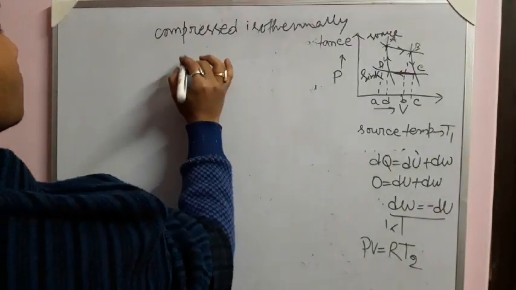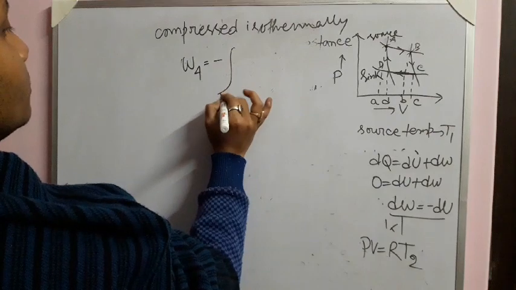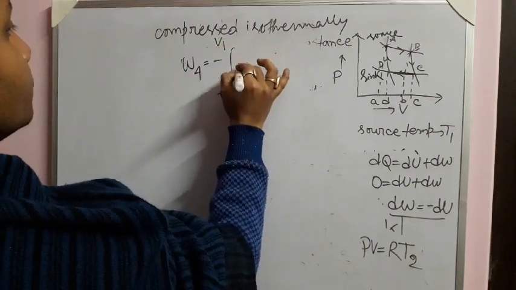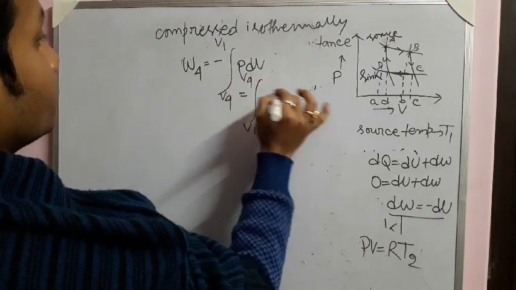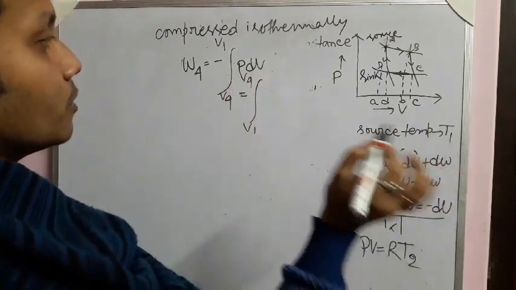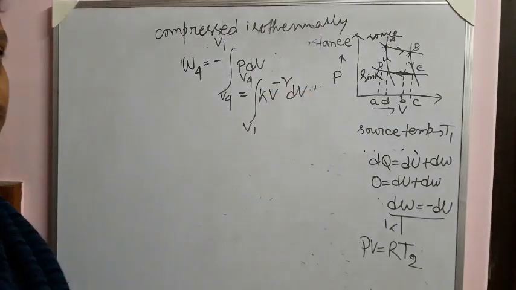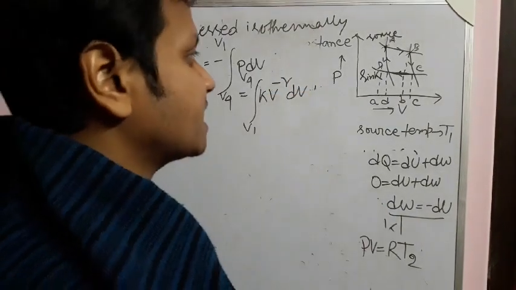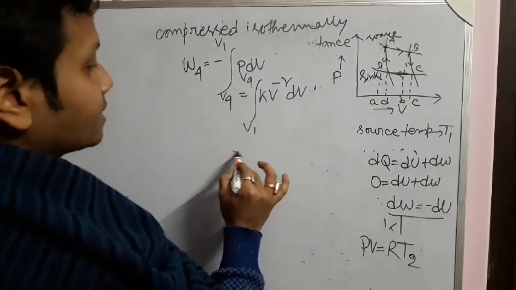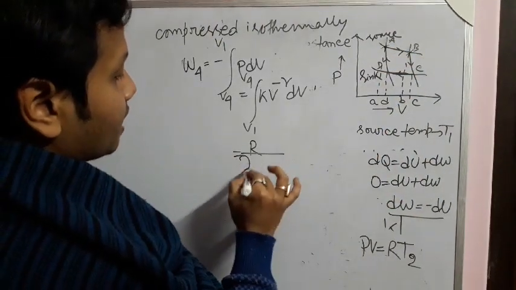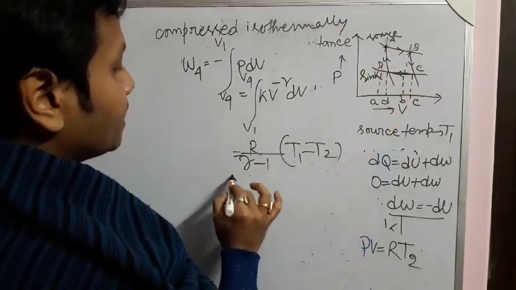Now in this case also work is done on the gas, and the limit will be minus V4 to V1 P dV. So it will be V1 to V4. Here we put P into V to the power gamma equal to constant. If you simplify it, you will get the same result as in adiabatic expansion, which is nothing but R by gamma minus 1 into T1 minus T2, and this is simply the area under DA.